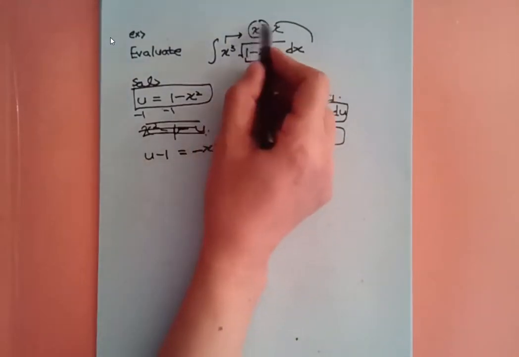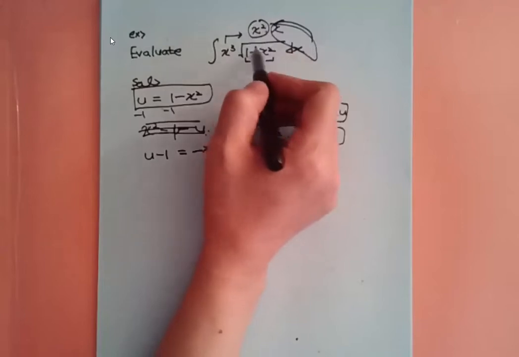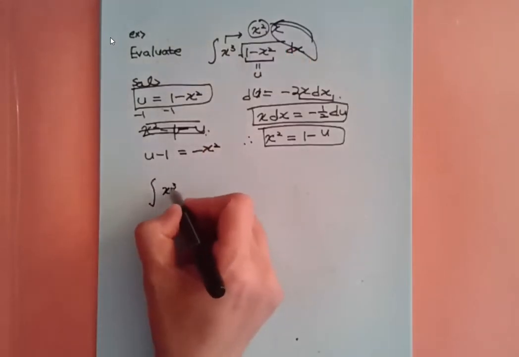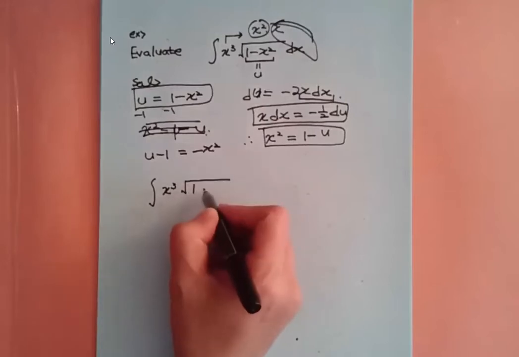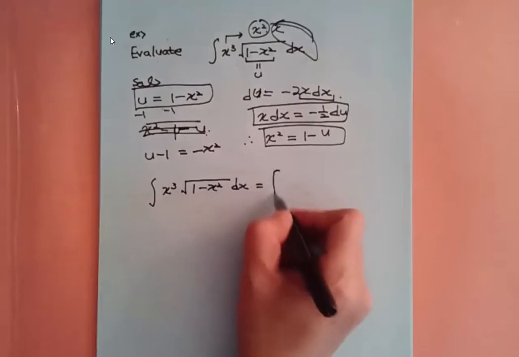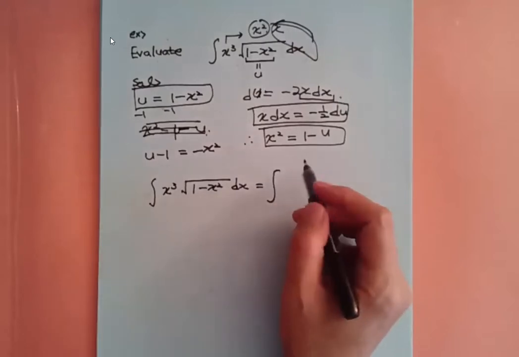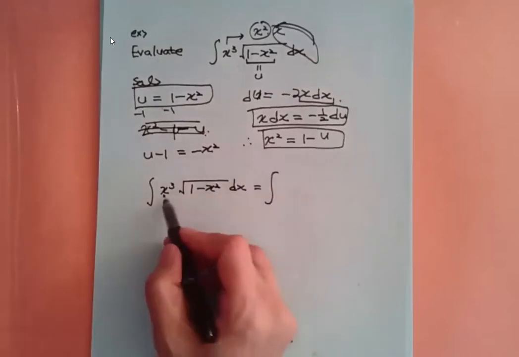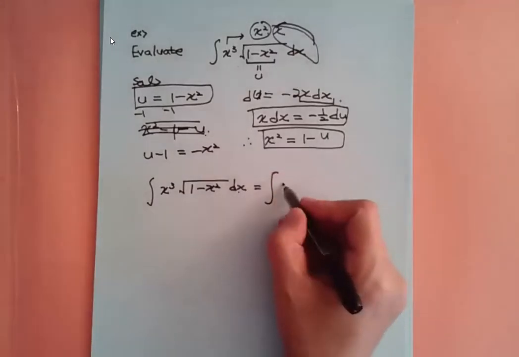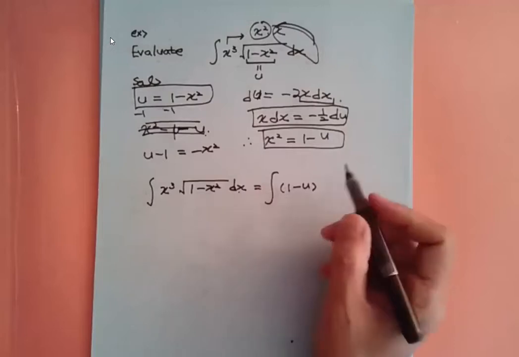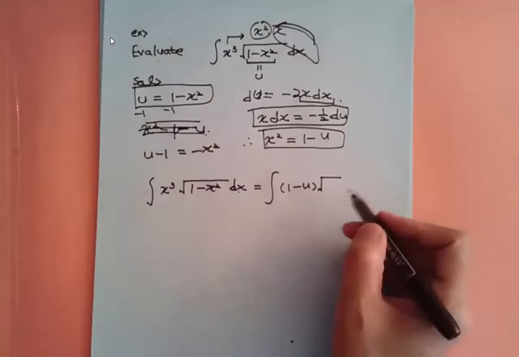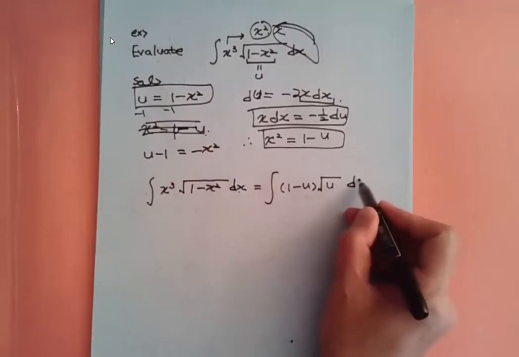So this component, and this component. So integration x cubed times square root of 1 minus x squared dx can be written as x squared times x dx. So 1 minus u times square root of 1 minus x squared, which was u, du.